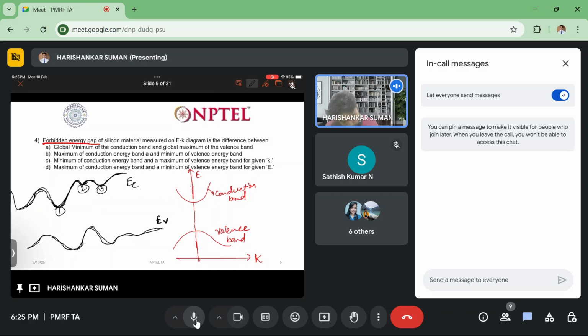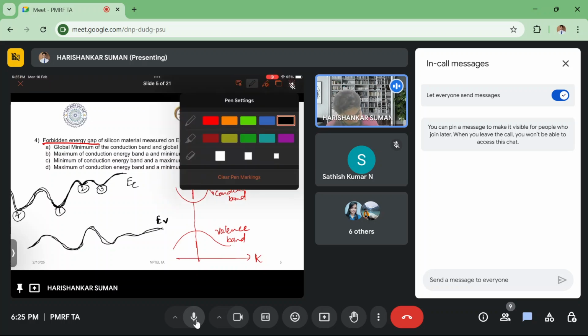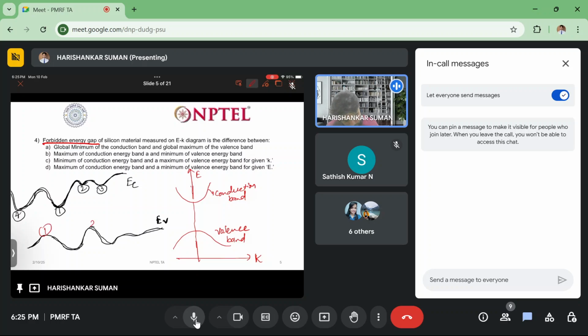Let me put also 4 here, and maxima in the valence band, 1, 2, 3 like that. So we have to find this gap. This gap is known as the forbidden energy gap, or in other terms the band gap of the material.